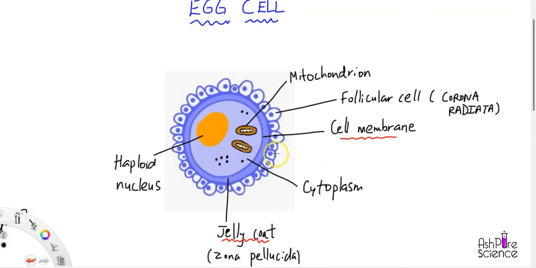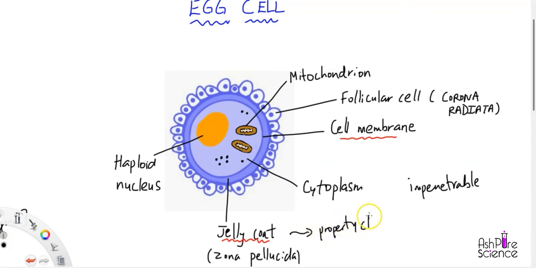Now, what's interesting is that after fertilization, its property changes. After fertilization, the jelly coat becomes impenetrable, thereby preventing other sperm nuclei from entering the cell. So just note that the jelly coat's property changes after fertilization.